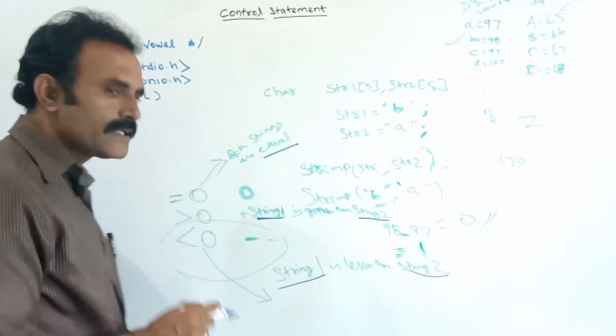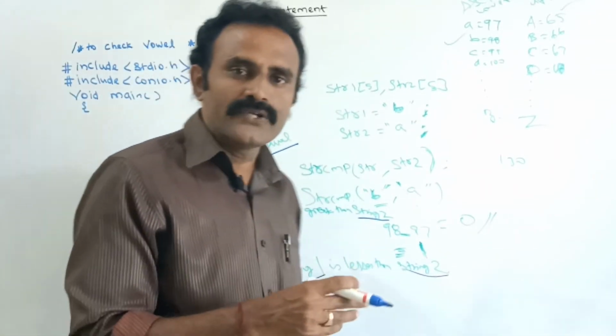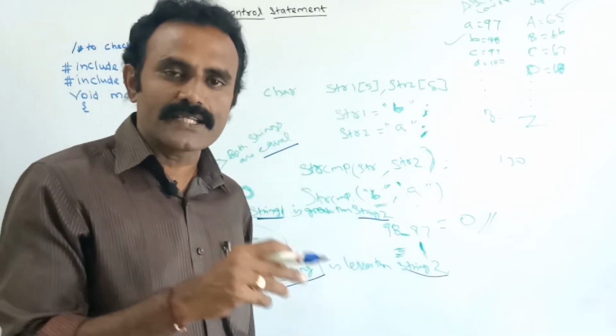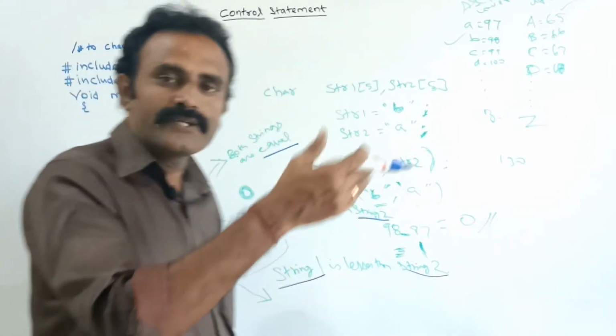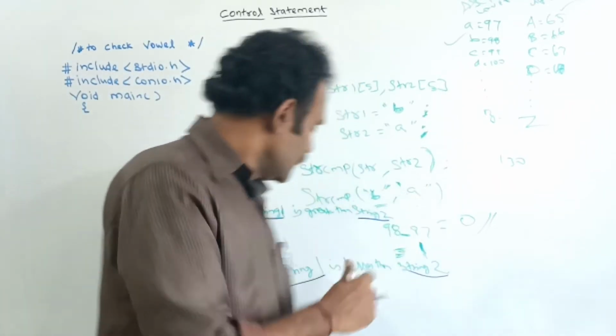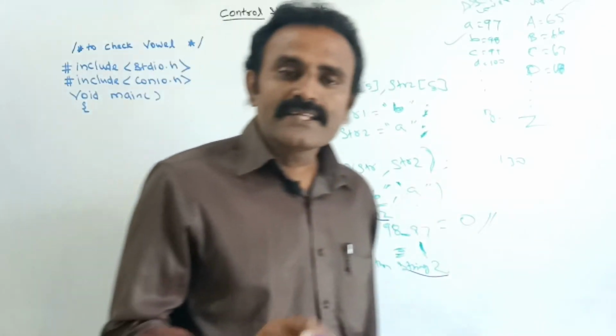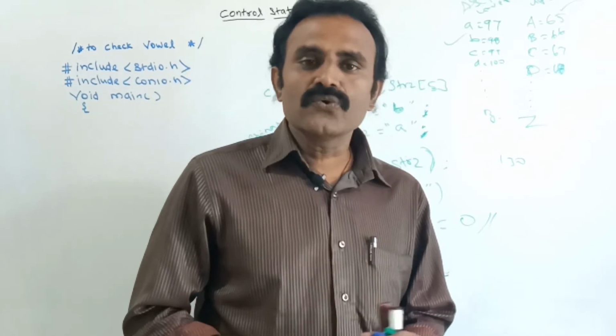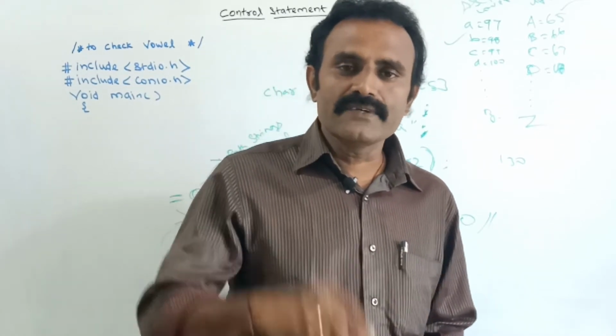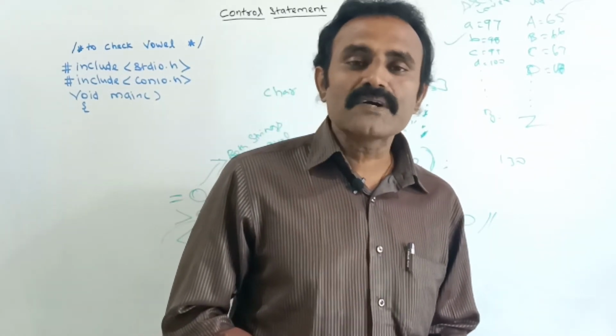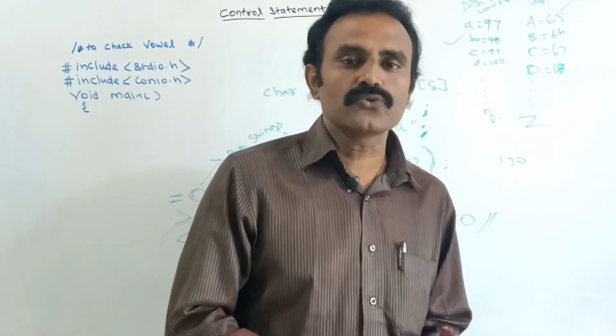If the return value from string compare is lesser than 0, then the first argument string 1 is lesser than string 2. So in this way we can compare strings. If we need to compare two strings, we should use string compare. With the help of string compare we can compare the two strings.